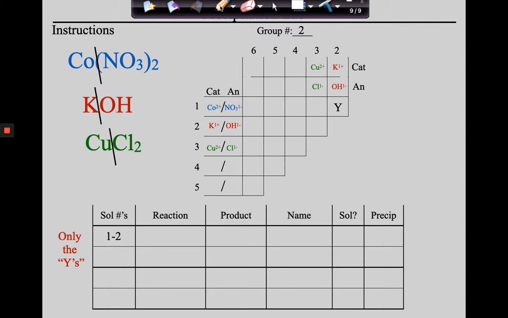Bottle number 1 is my cobalt 2 nitrate, and bottle number 2 is my KOH. Rather than just dump it straight in, I'm going to put it in a beaker first. Again, you're going to mix these together in a micro well tray. But fundamentally, when you mix these together, what you're looking for is the creation of a new substance. Ready? Watch close.